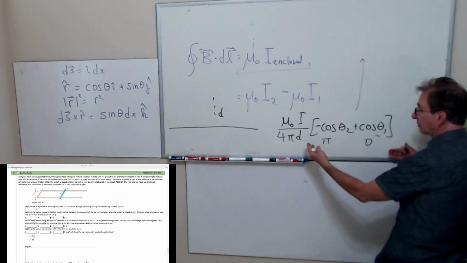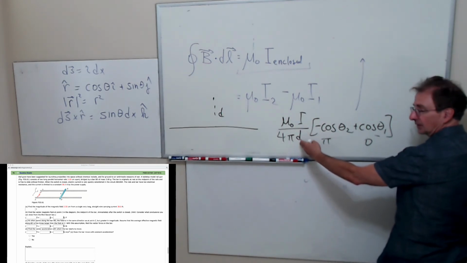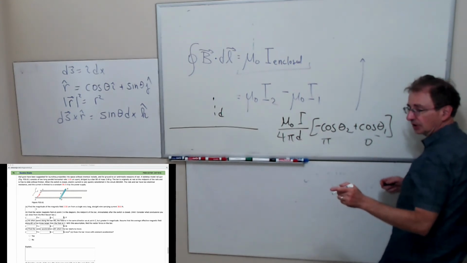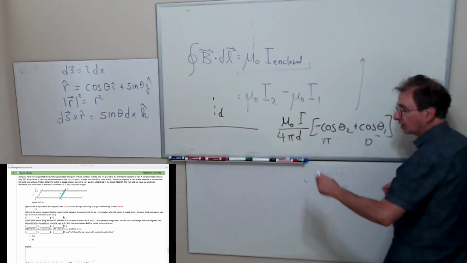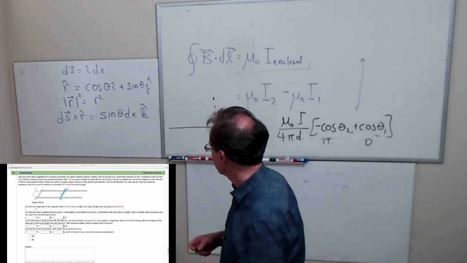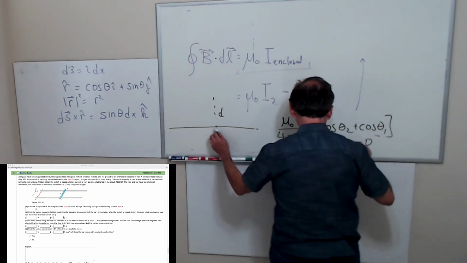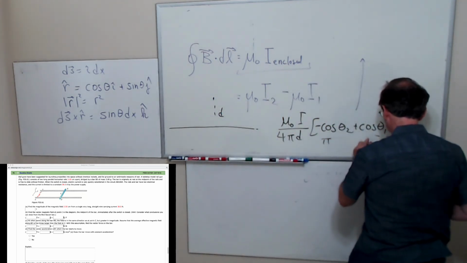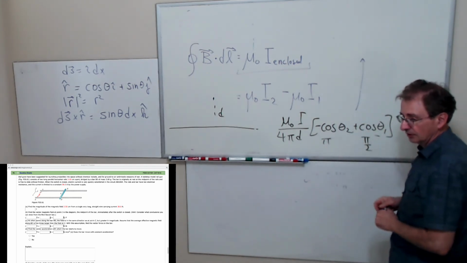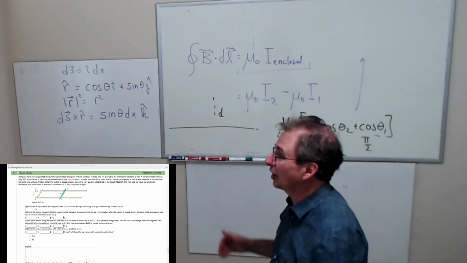And so this ended up being mu sub naught I over 2 pi d. But in this particular problem for part B, because you're starting at one end, let's say at this point, and then this goes to infinity, instead of this being 0, this is pi over 2. So you have a semi-infinitely long wire.